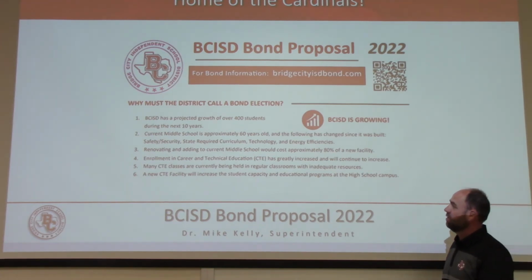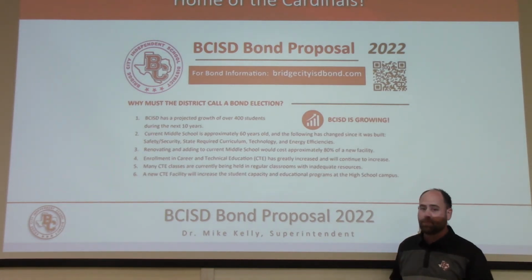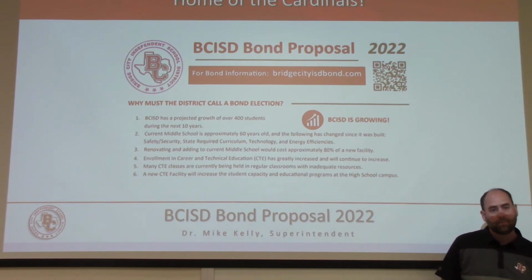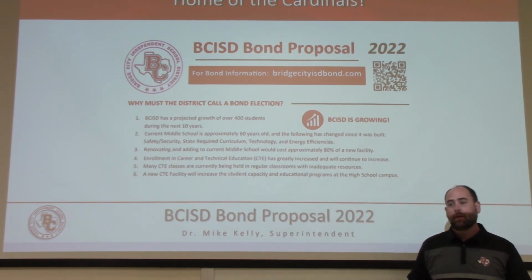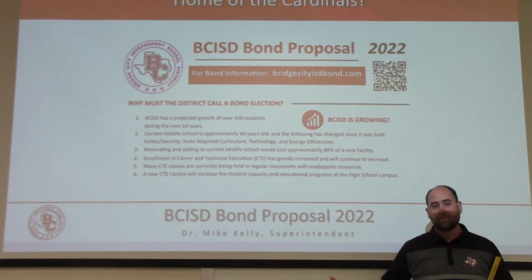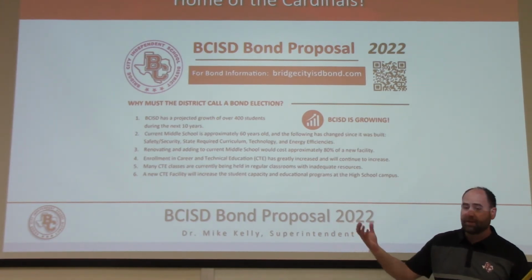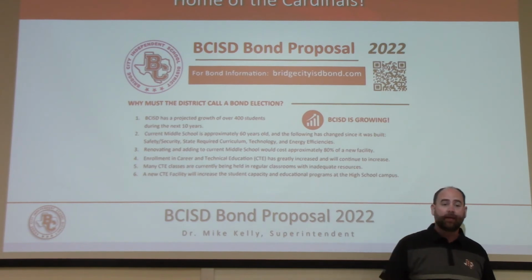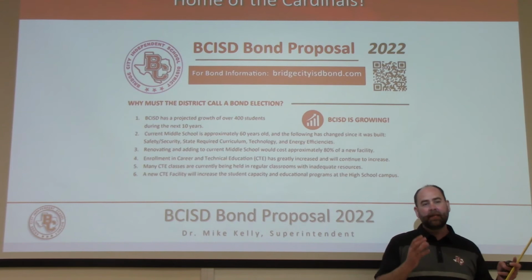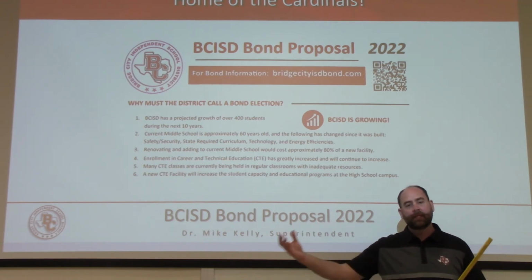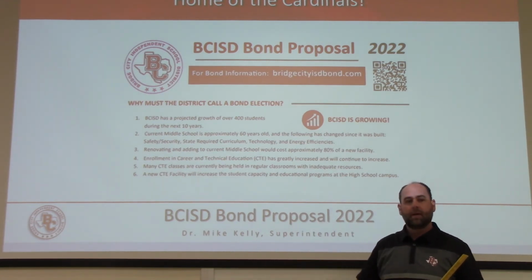Renovating and adding to the current middle school would cost approximately 80%. Again, you throw in the $10.6 million for the portable buildings, we're at 87% of a new facility. So this bond proposal could have had a C, renovate the middle school. But to ask for 87% of the funds that it would take to build a brand new middle school made absolutely no sense.